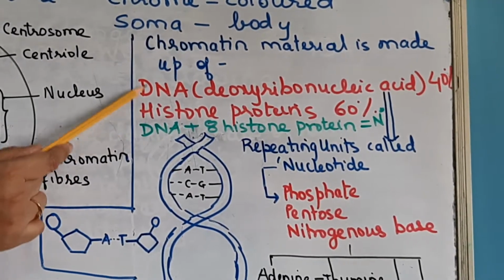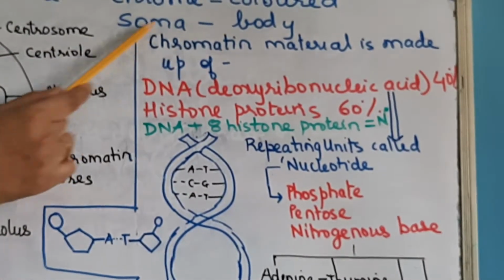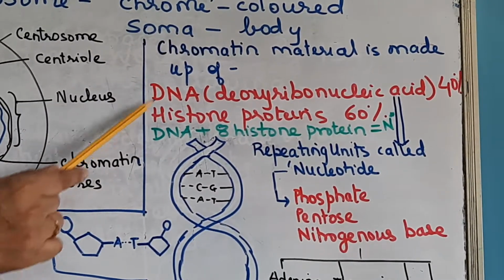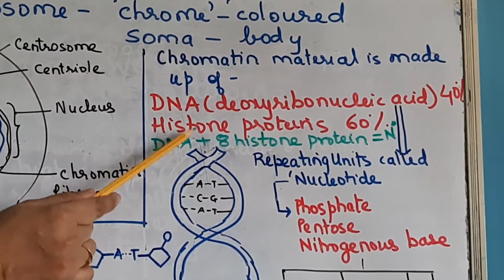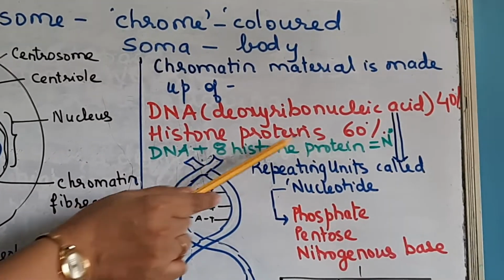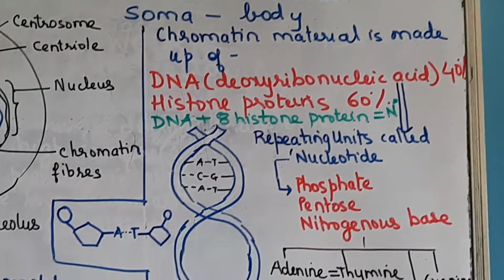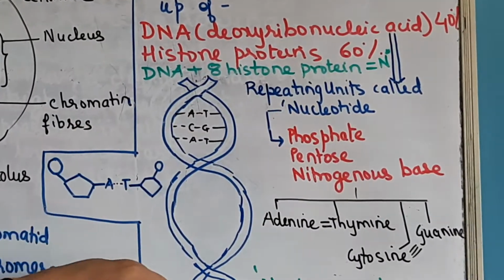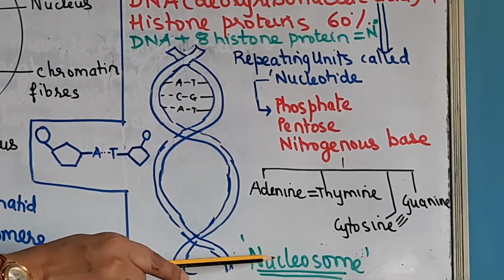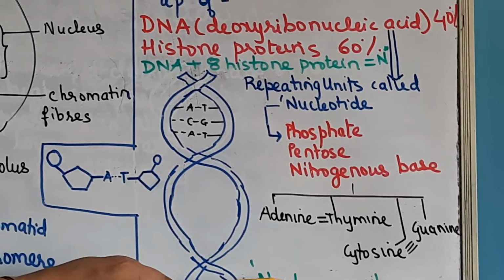These two are the chemical composition of the chromatin material. One DNA molecule always coils around 8 histone protein molecules to form a structure called the nucleosome. There was no space here, so I have written it here. There will be several such nucleosomes on the chromosome. Is it clear?